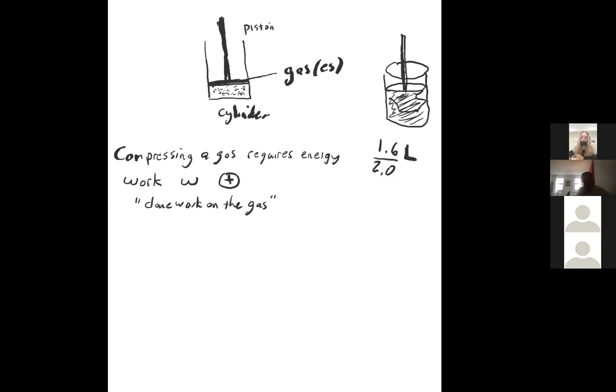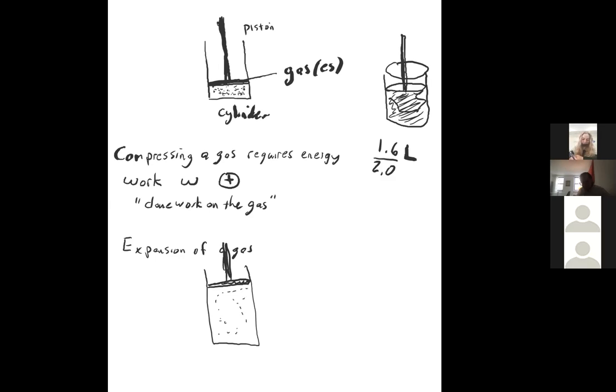Now, what about the opposite? What about expansion of a gas? Expansion of the gas means that the volume got larger. So essentially what happens now is the gas expands. It's now all the way up here. So now the gas occupies a much larger volume.